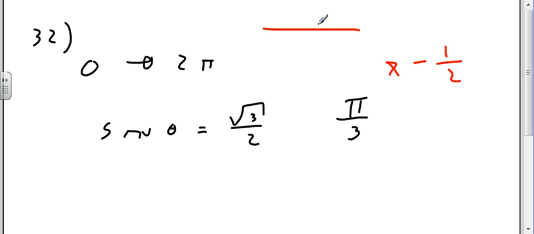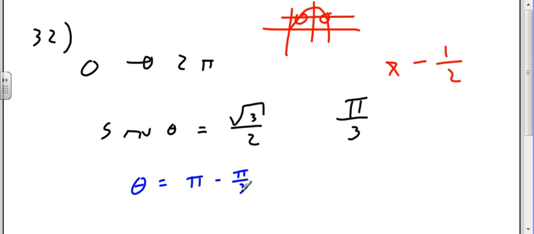So the sine function is positive in the first and second quadrant, so we need a second quadrant answer as well. In the second quadrant, the angle is going to be pi minus the reference angle, which is going to be 2 pi over 3.